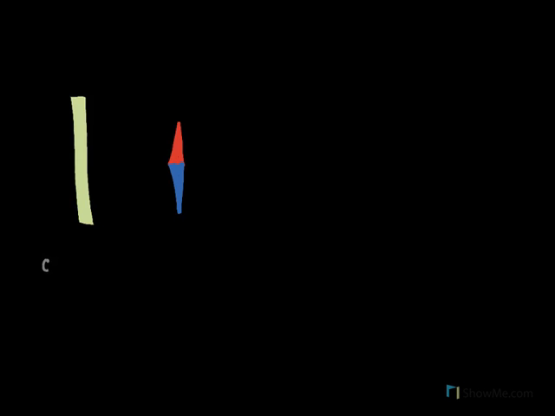We have also learnt, if we have a conductor and there is no current in the conductor, the compass needle remains in the north-south direction. However, when current begins to flow through the conductor, then immediately the compass deflects from its north-south direction.